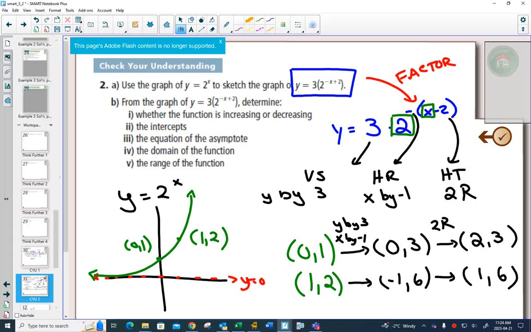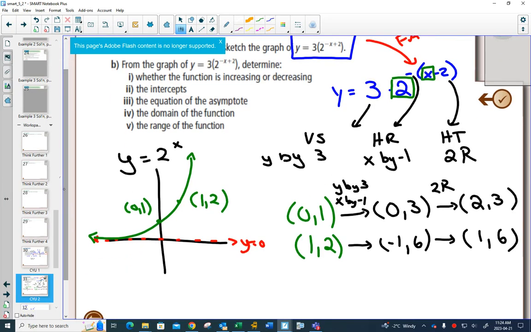The other thing that we're going to do with all of our exponential graphs is see what happens to the asymptote. And since the asymptote starts at y equals 0, we really only have to do one arrow, because any kind of multiplying, if you multiply y by 3, and it was at 0, it's not going to change it. Multiplying anything by 0 is not going to change it from equaling 0.